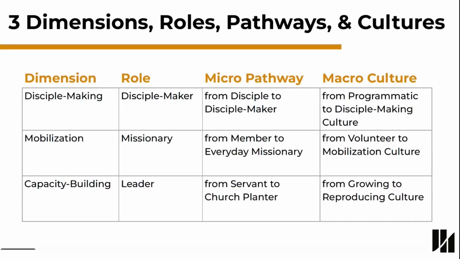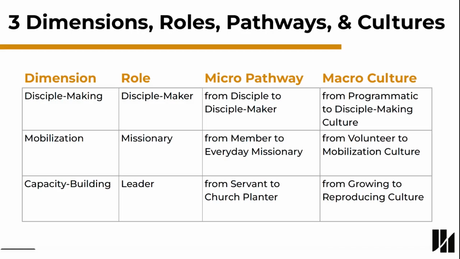The culture that's got to wrap around that, and this is where we get a little bit of cross currents going, is that we've simultaneously in the programmatic operating system of the U.S. church, when it comes to disciple making, we're really needing to shift our macro culture from a programmatic growth engine and operating system to a disciple making culture.